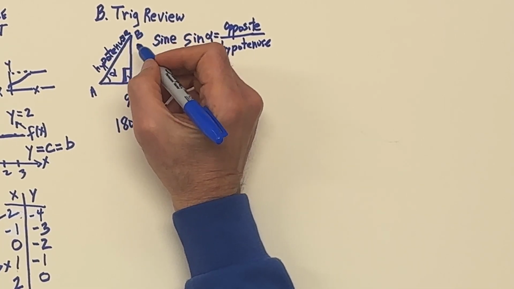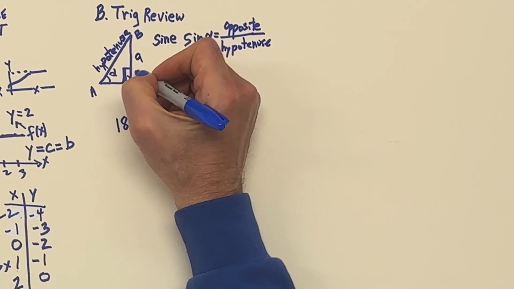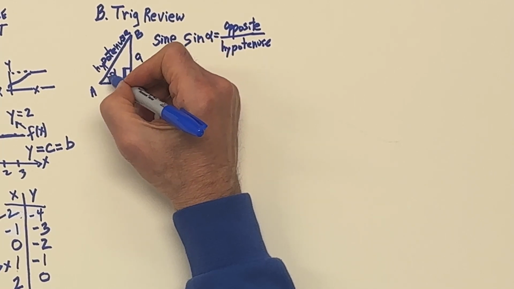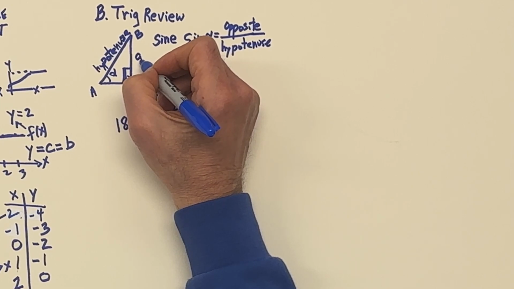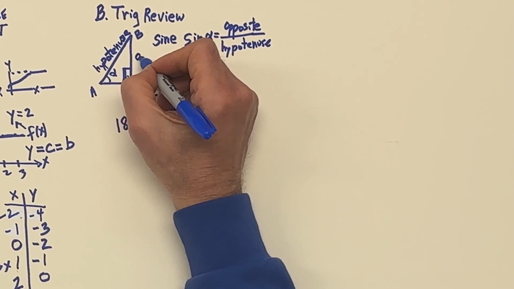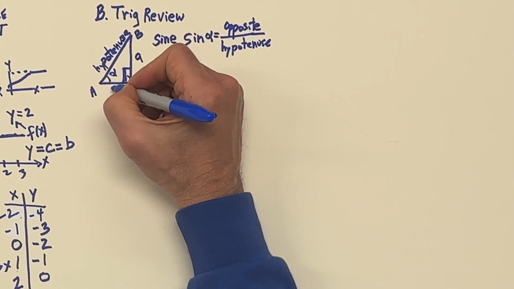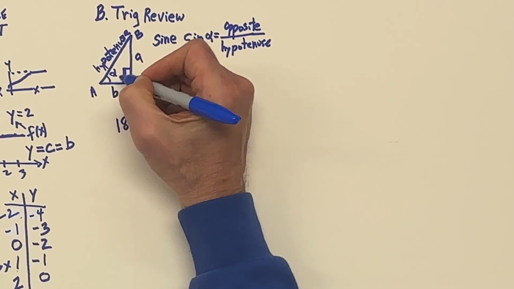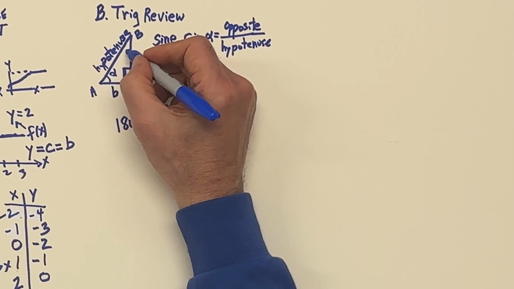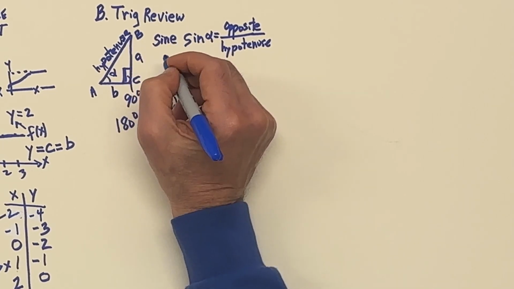And let's say this is length A. I like to pick A because the Greek letter alpha is first letter of the Greek alphabet, and A is the first letter of the Latin alphabet. So it's opposite. And here, you could call this B. You can actually label that beta, but I'm not going to at this point.